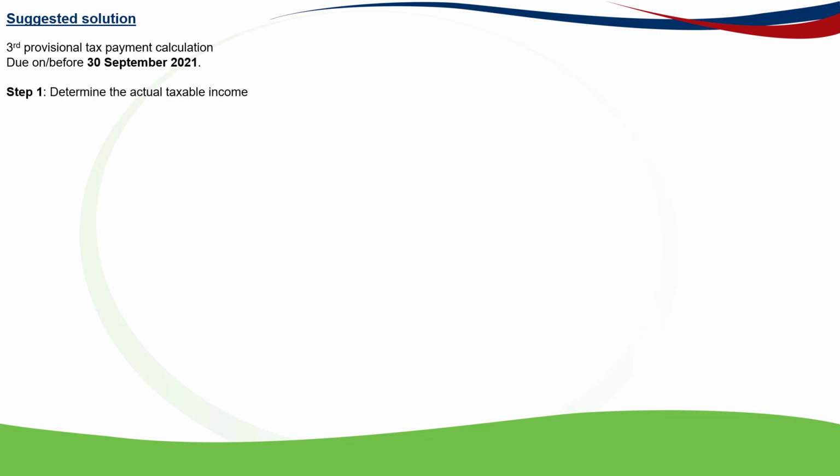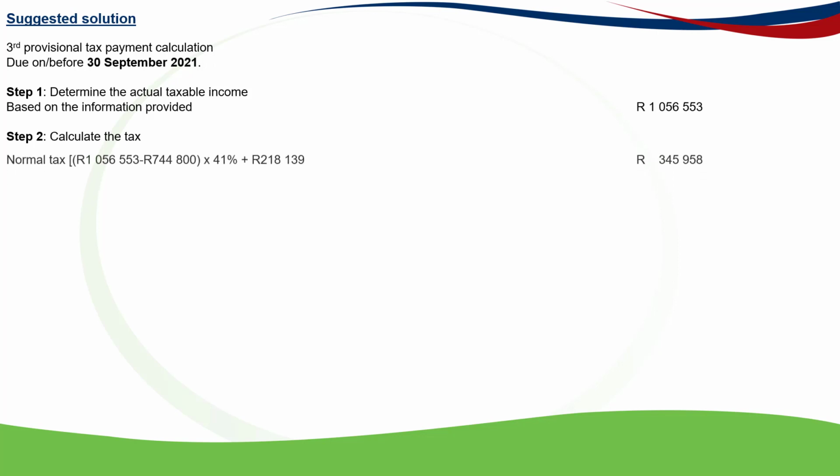The first step is to look at the actual taxable income that was given in the scenario, and that is the 1,056,553. The second step is to calculate the tax on the actual taxable income, and then we will again make use of the tax tables to calculate the tax.